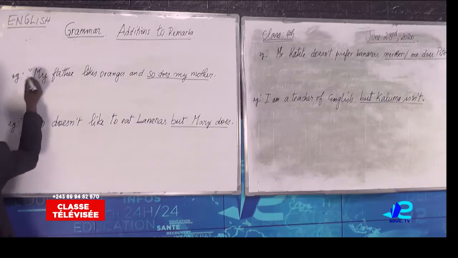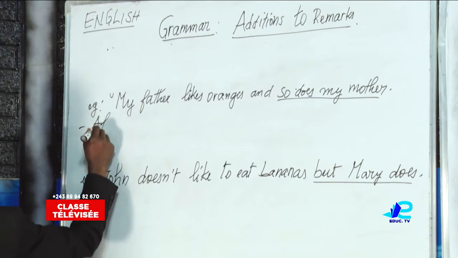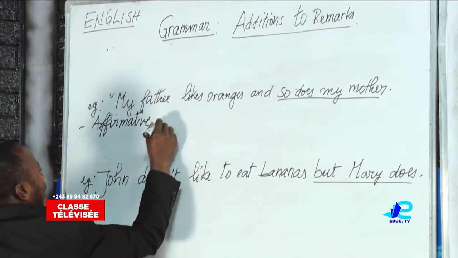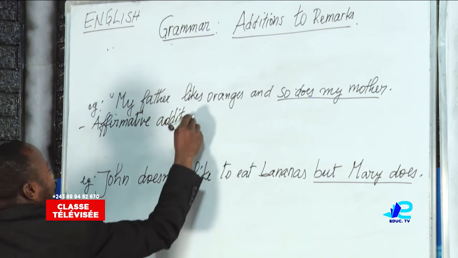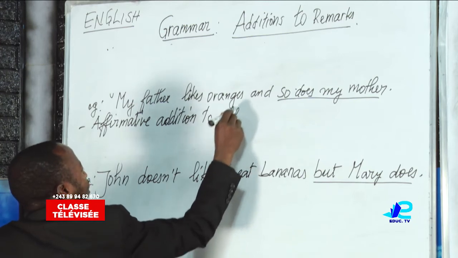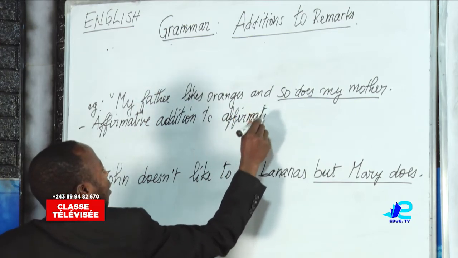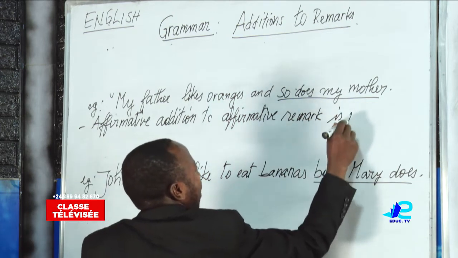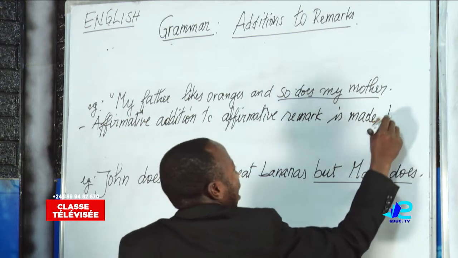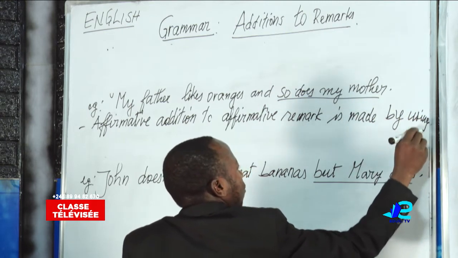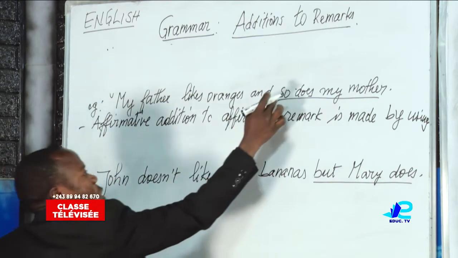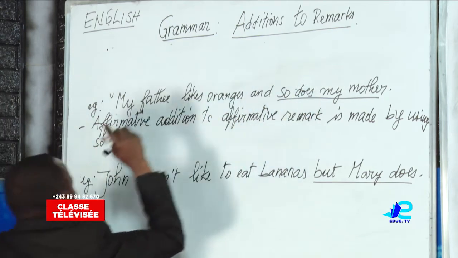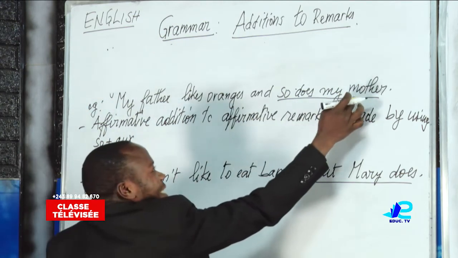Look here. Affirmative addition to affirmative remark is made by using so plus auxiliary plus my mother.